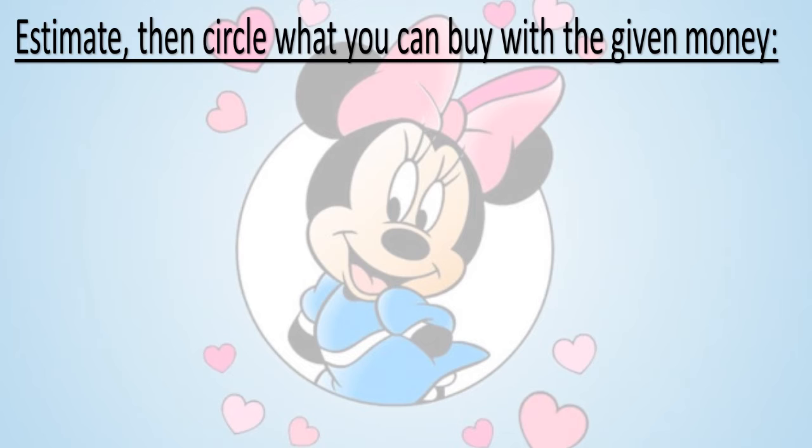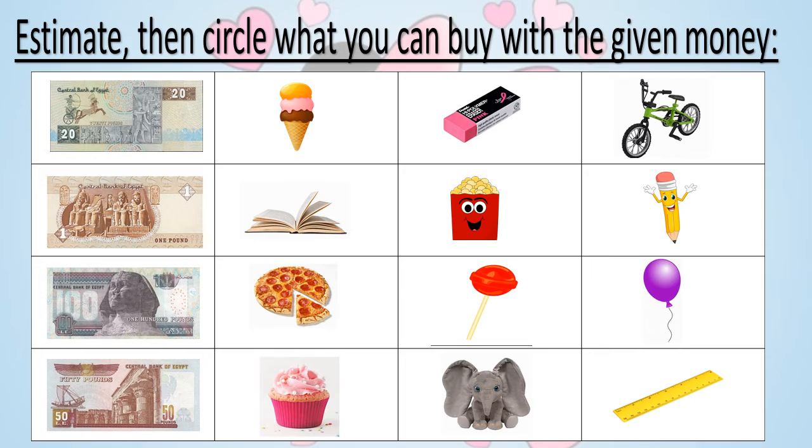Estimate, then circle what you can buy with the given number. Here, if you have 20 Egyptian pound in your wallet and you want to buy something, in your estimation, what would this thing be? Can I buy a bicycle for 20 Egyptian pound? I don't think so.